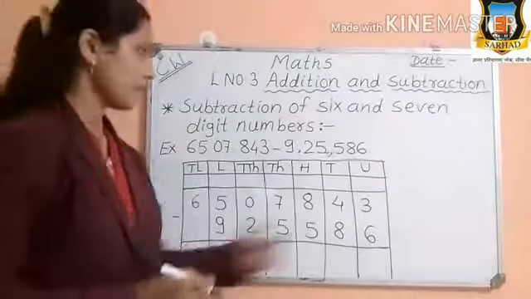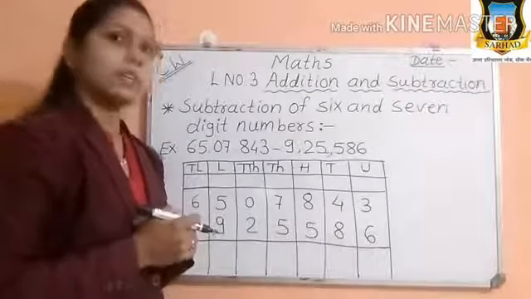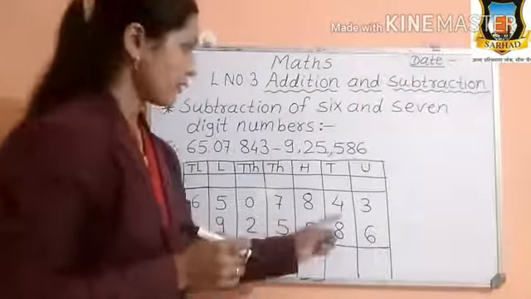Now see, here is the subtraction of each digit.